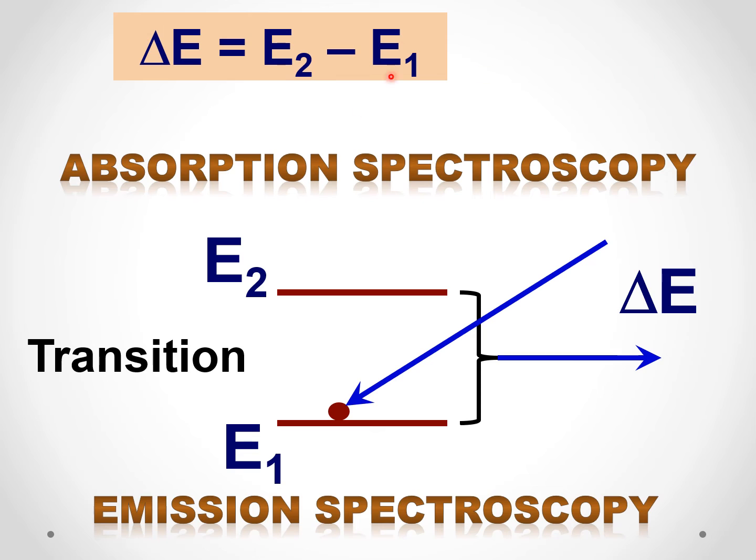This process of changing energy level, that is either from lower to higher or higher to lower, both, is commonly called a transition. So we will be using this word in our future discussions. Transition means change in energy level.